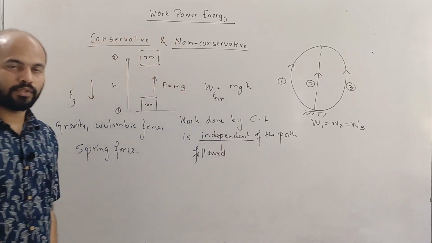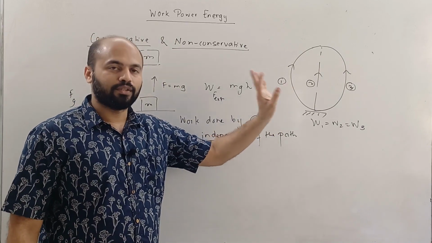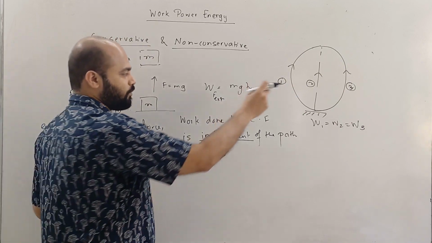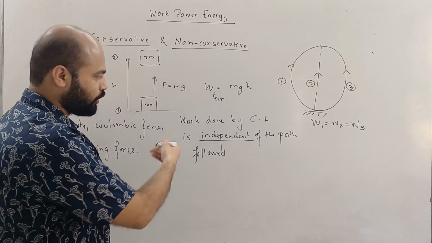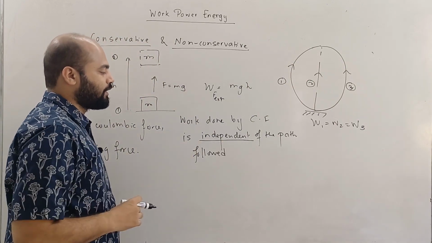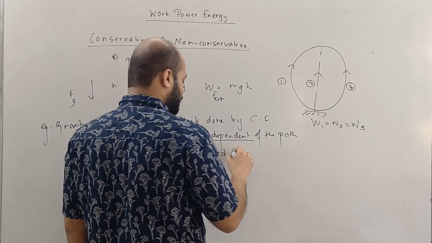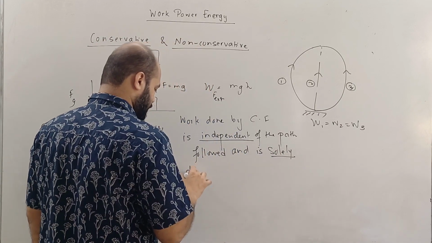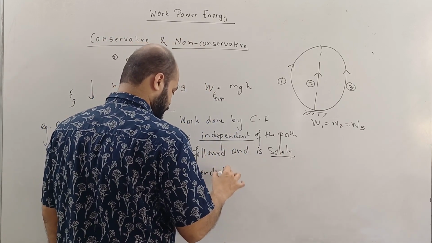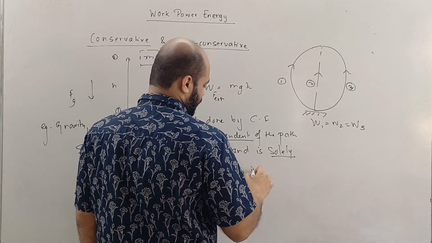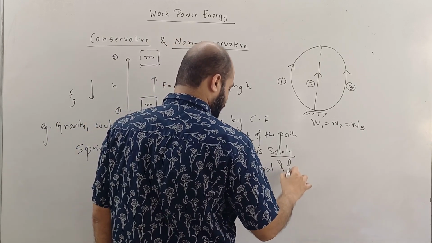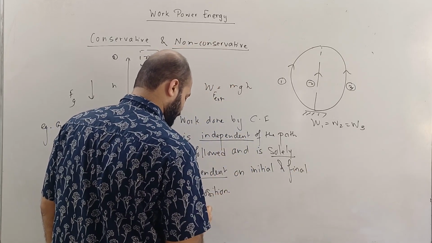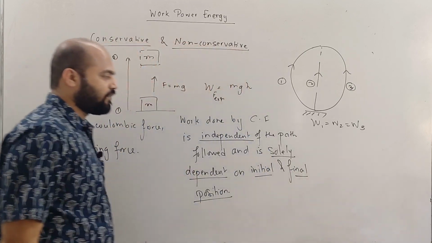This word is very important. So here you can see that they were taken by all three paths, but the path didn't matter. Ultimately what mattered is the initial and final position. This was the initial position, this was the final position. So here I can continue the definition. Work done by conservative forces is independent of the path followed and is solely dependent on initial and final position.